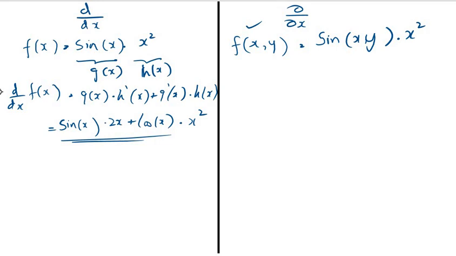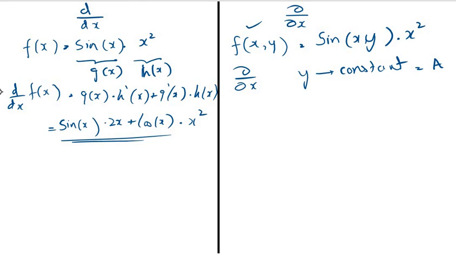Now, if we are asked to do the differentiation with respect to x of a multivariable function which has x and y, even if we are doing the differentiation with respect to x, we keep y constant. If we keep y constant, we say y is equal to a. You can use any constant there.